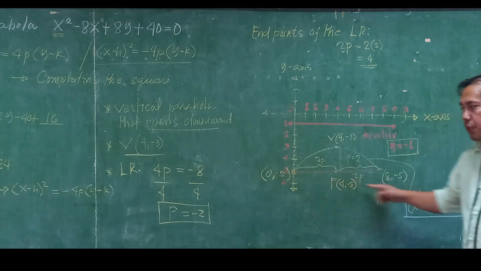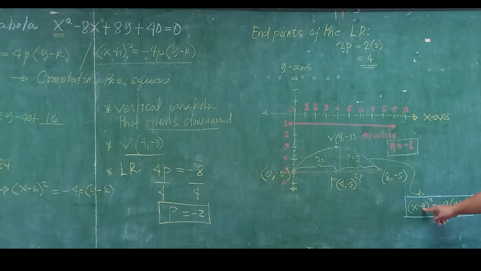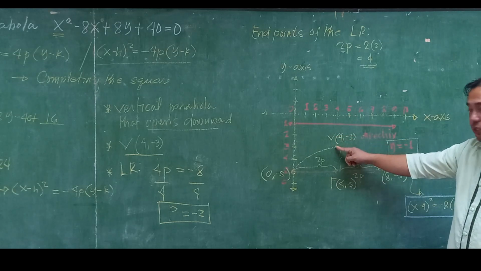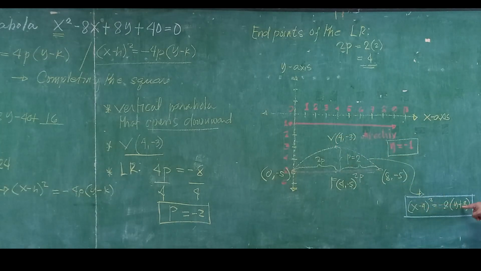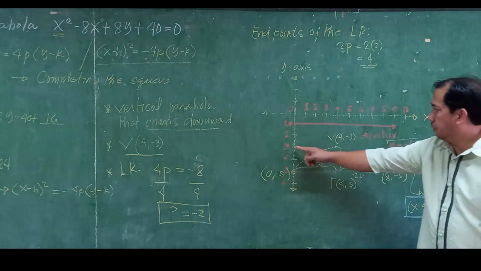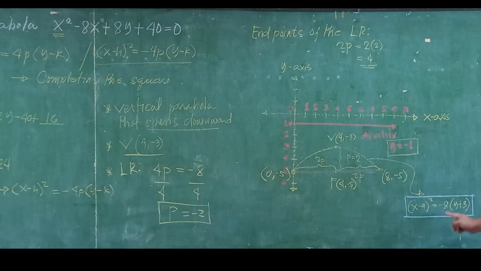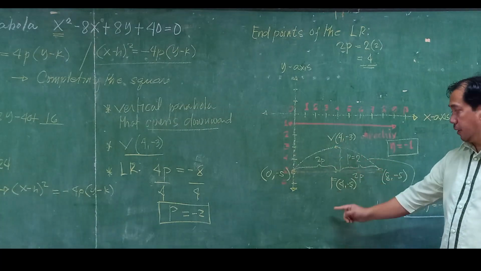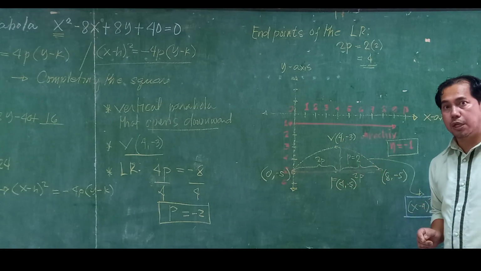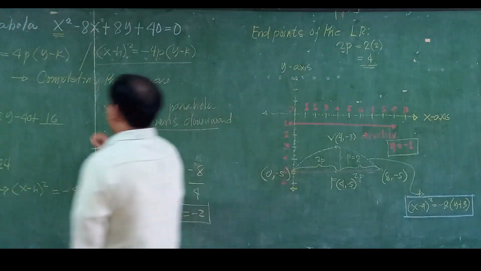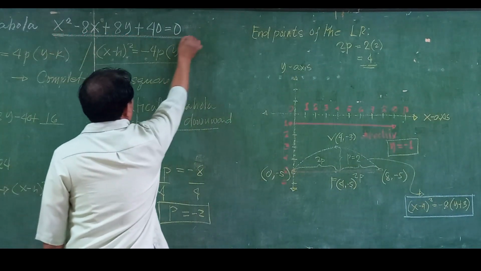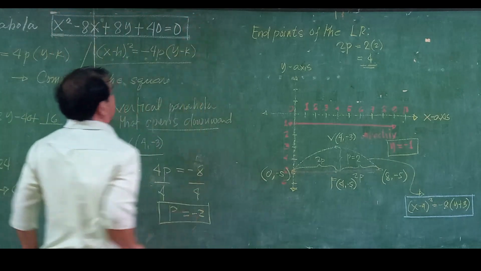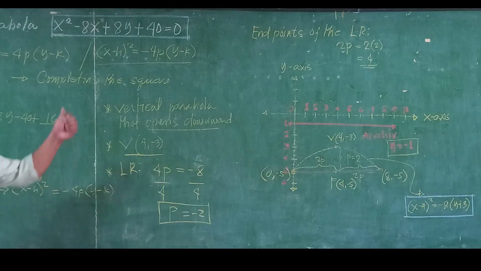Again, our vertex has h positive 4 and k negative 3. Notice that our p is negative, and so the focus is located below the vertex. And that is the graph of our parabola.